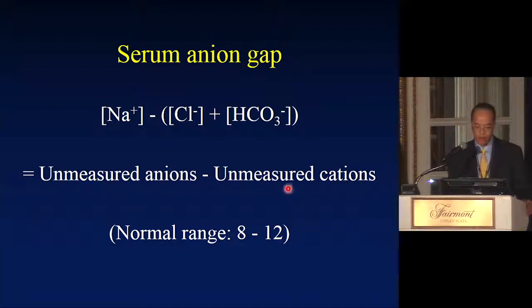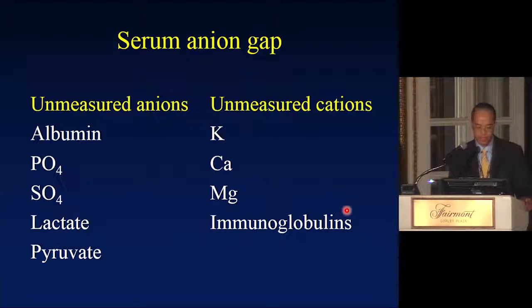And the reason that works is because there has to be electroneutrality, right? The number of positively charged and negatively charged ions in the blood is always equal. So this gives us an estimate of the excess of unmeasured anions to unmeasured cations in the blood. Normal range, 8 to 12 milliequivalents per liter.